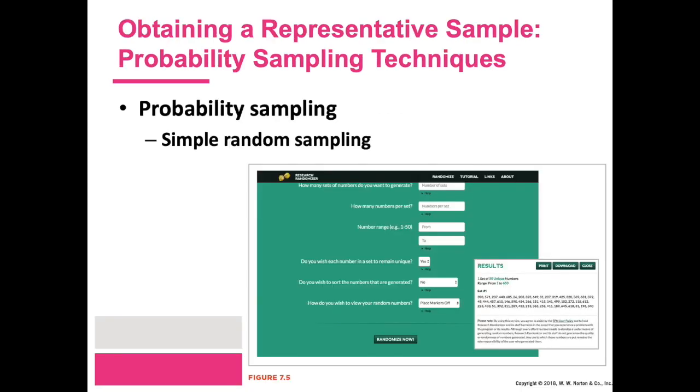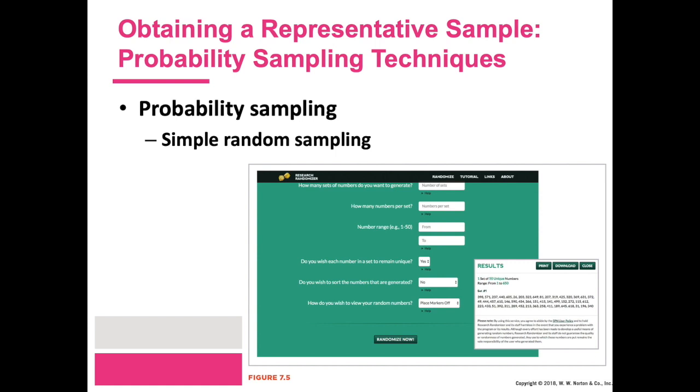So when external validity is really important, you want things to be generalizable. You want your results to be able to say something about the population. Researchers need to obtain a representative sample. Best way to do that is using probability sampling.